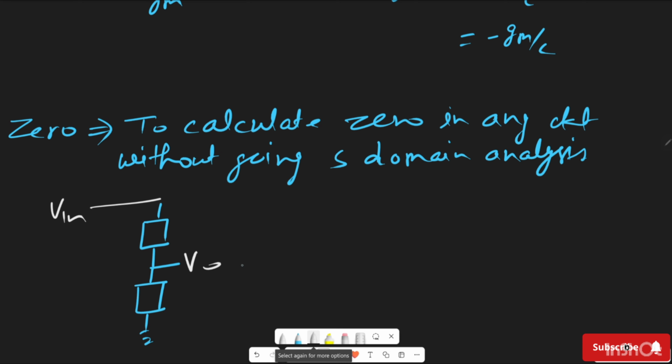This output can become 0 in two conditions. Either this becomes a short circuit, meaning 0, or this becomes an open circuit, infinite. When this becomes short, the ground will be connected here, so this node will be 0, or when this is open circuit, there will be no current, so this Vout will be 0. So this is how you calculate the zero in every circuit.